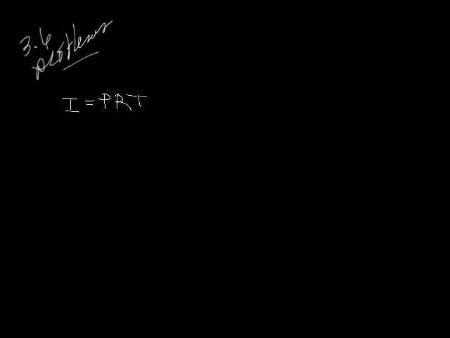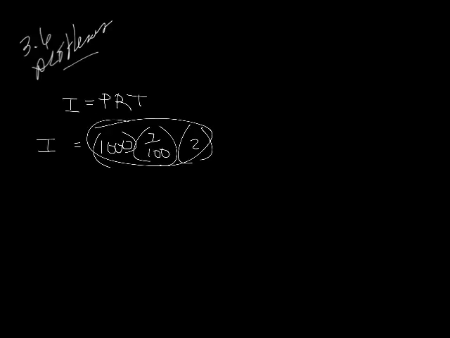So in number 13, they give you the P is 1,000, and I'm going to put this in parentheses, they give us a rate of 7 over 100, and they give us time being 2 years, and they want us to find the interest. So you're just going to multiply those together to find the interest.